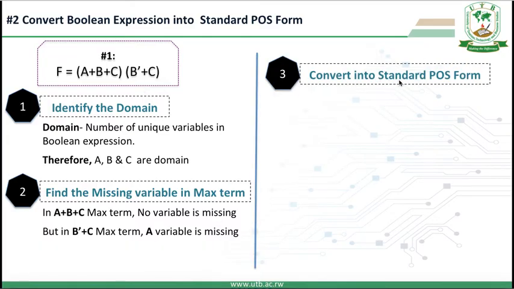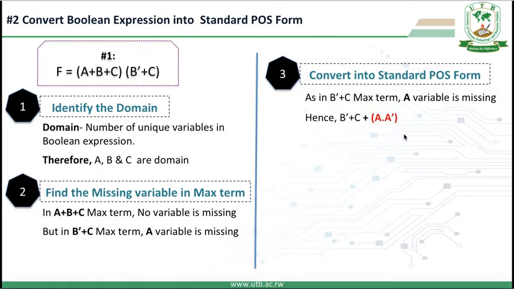We convert into standard POS form. In the B complement plus C max term, the A variable is missing. Because of POS, we are not going to multiply, we are going to add. So A times A complement.